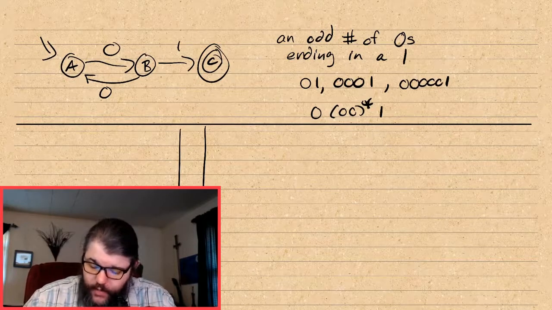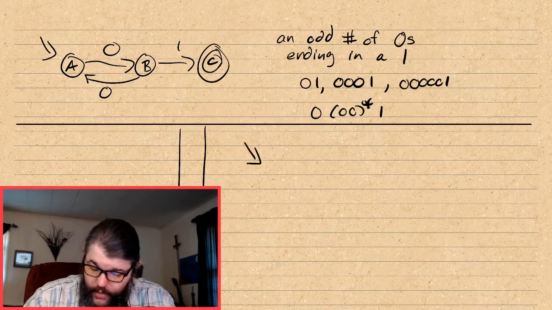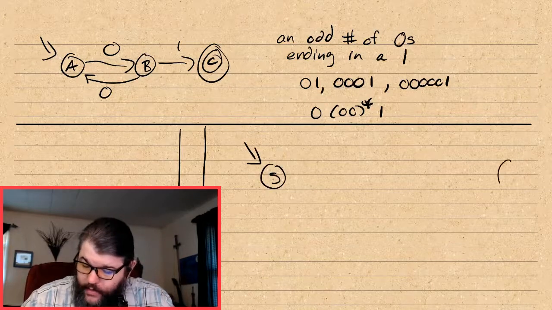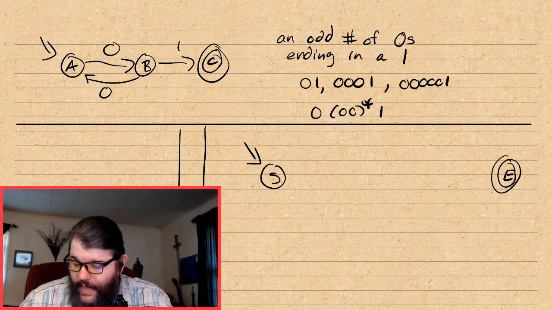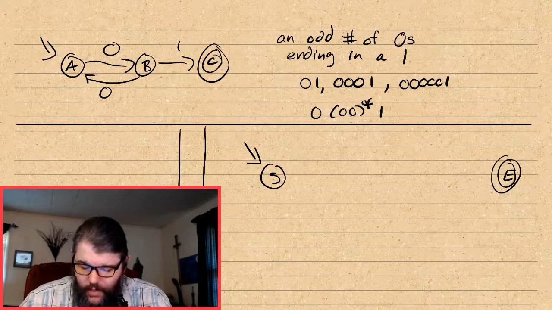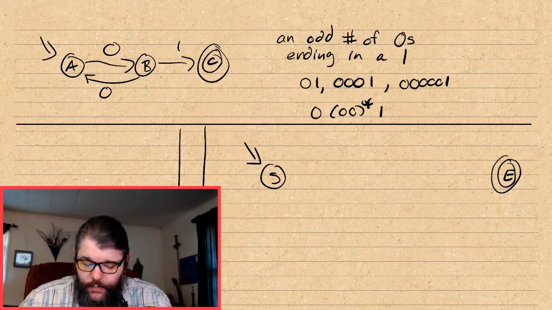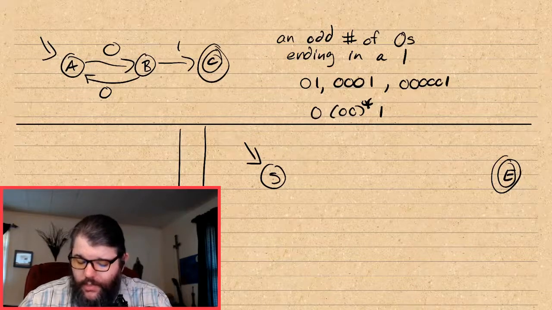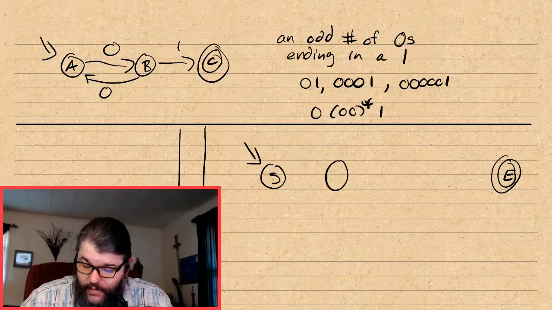All right, so the first thing we want to do is create a new start state and a new end state. Now what's special about these new start and end states is that they only have transitions away for the start state, and they only have transitions towards for the end state, which prevents loops in the start and the accept state. Now it turns out our start state did have kind of a loop going through it, but our end state didn't. We're still going to construct a new start and end state every single time.